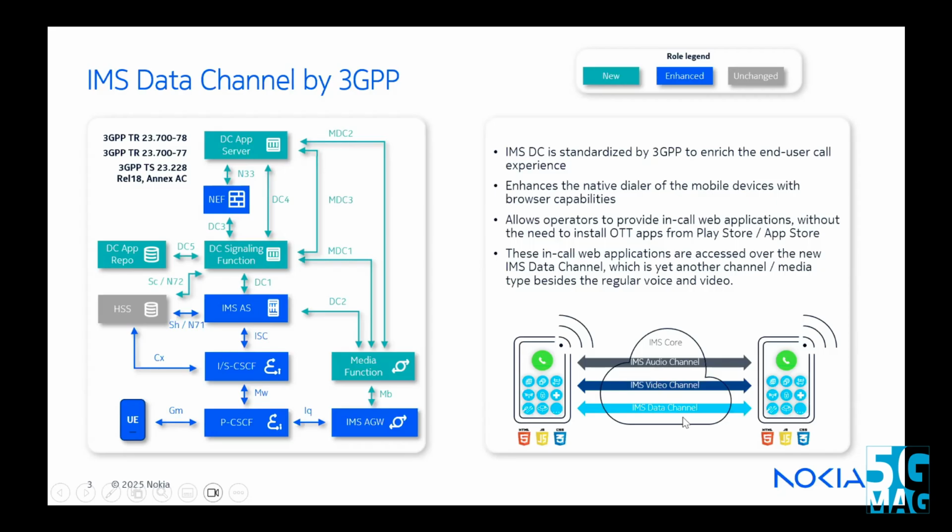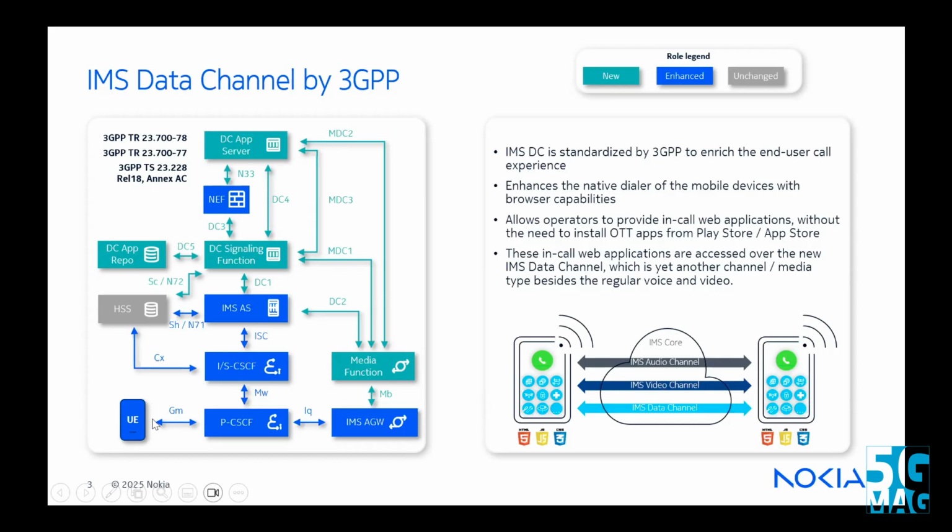And what the IMS data channel is typically used for is that, for instance, if you have a voice call and you want to upgrade it, you can upgrade that call with what is called an IMS bootstrap data channel. And over that, you can download an app directly from what you see here, the DC app repository. And that app is then going to be delivered directly to your UE, and it can run on your phone without downloading from the App Store, for instance.